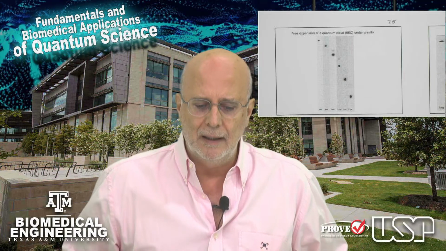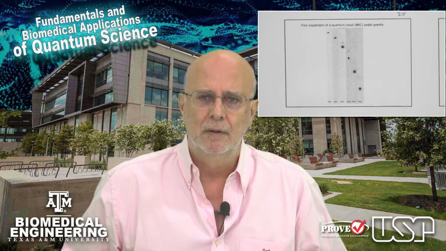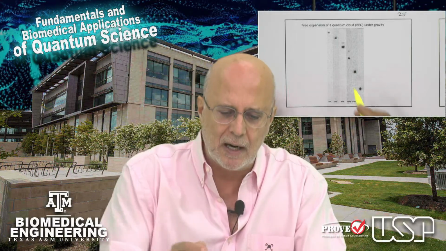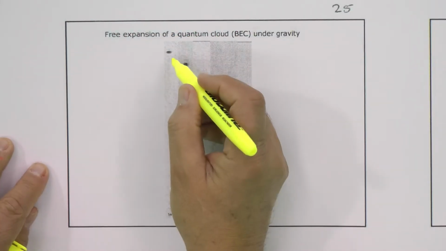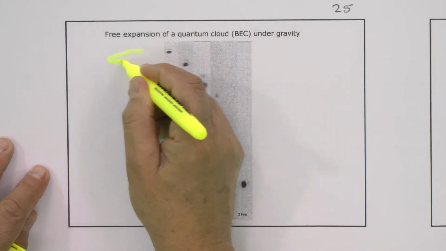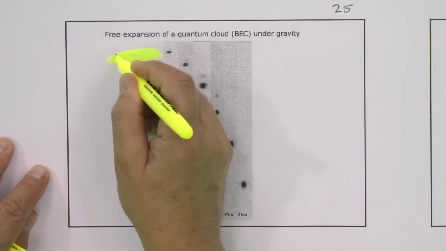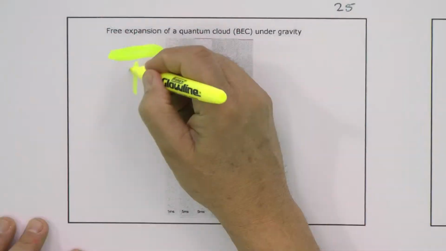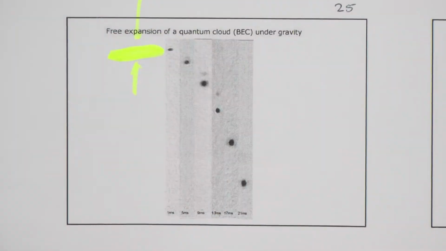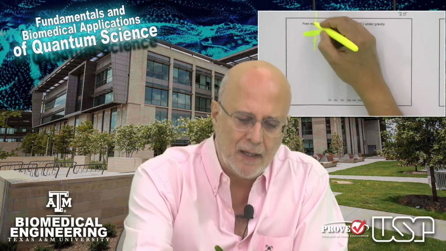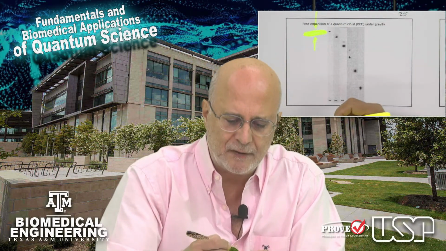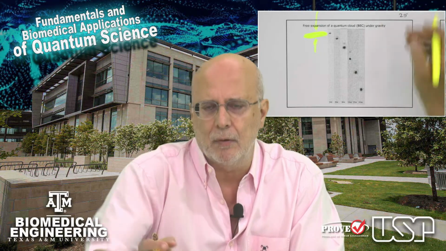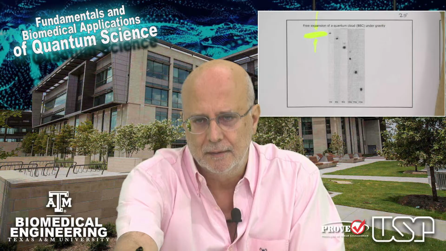Okay, let's see the expansion, the evolution of a Bose condensate. Let's start with a Bose condensate. Well, this Bose condensate has a shape that looks like this. It is squeezed in this direction. If I let this expand, I told you there will be a manifestation of the momentum. Whatever has more momentum will expand. Right?